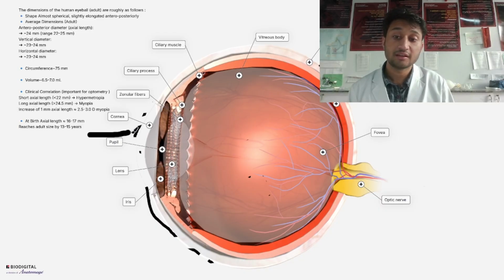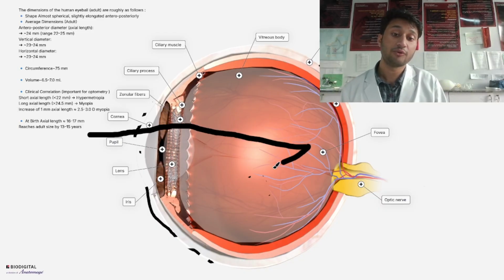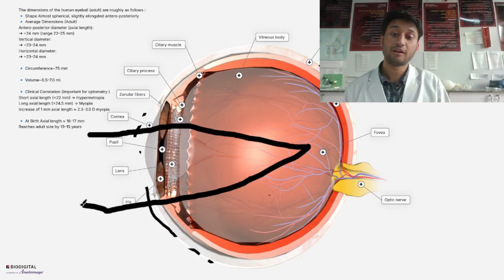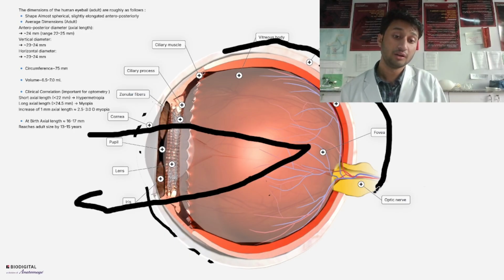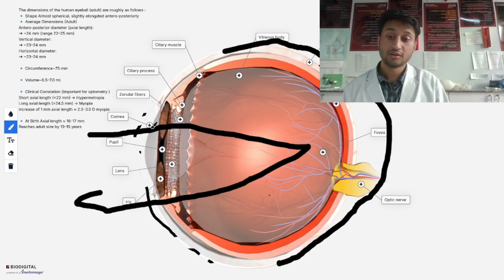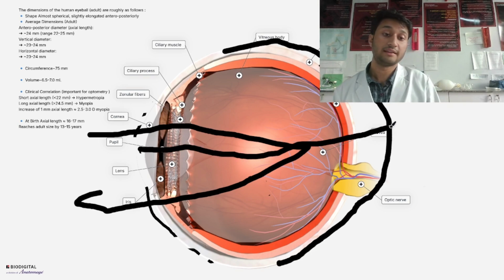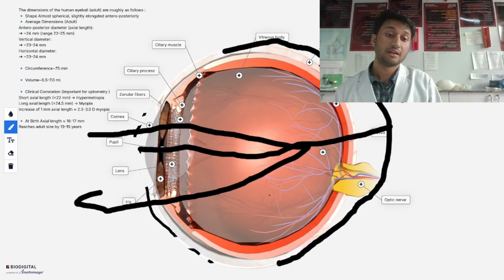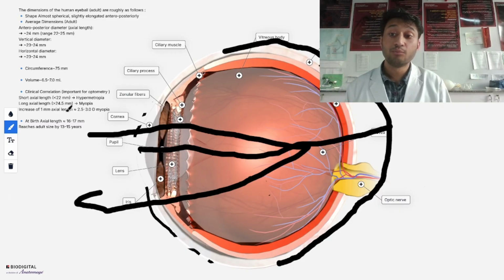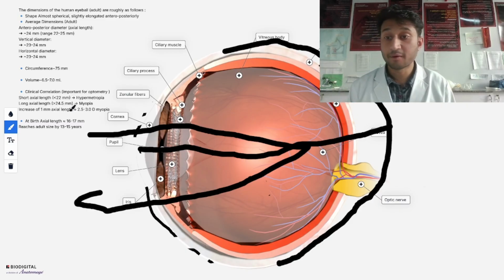If this is an object, the light will be focusing in front of the eyeball, and this boundary will extend more than the normal length. So what will happen? The anterior and the posterior points of this axial length will increase. It will be more than 24.5 mm. It is considered as myopia.